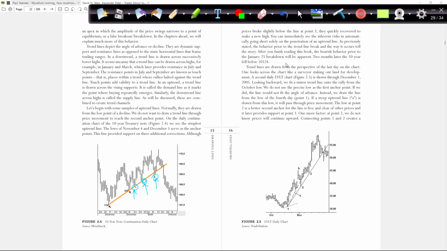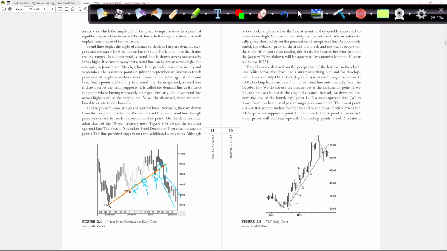Two months later, the 10-year fell below 10,524.